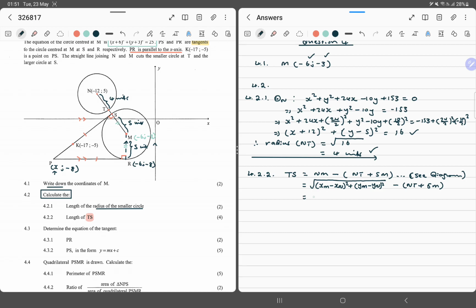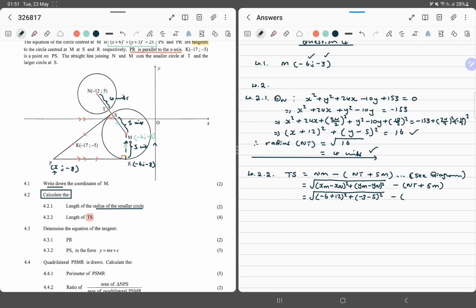Okay, I did not want to do this, but let's just not take too many shortcuts. So x at m is minus 6, minus 12 is going to be plus 12 squared, plus y at m is minus 3, at n is 5, so it's going to be minus 3 minus 5.